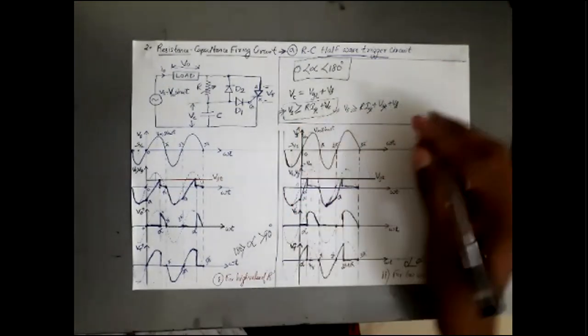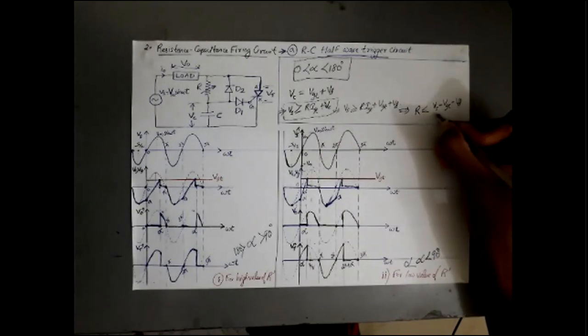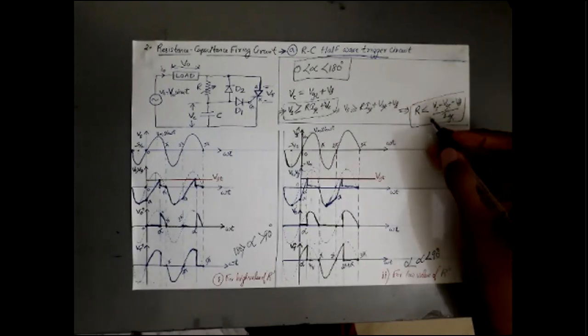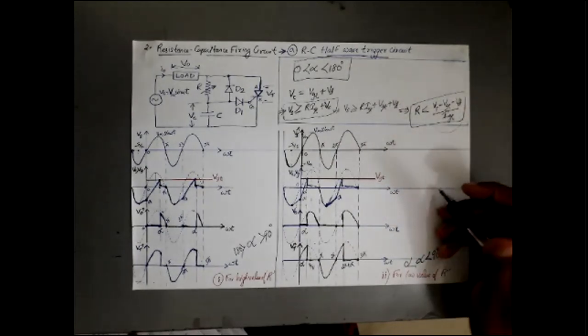From this equation, I can get a relation for resistance R. R should be less than or equal to Vs minus VGT minus VD divided by IGT. Hope it is clear for you. This is the equation for the resistor. That resistance value should be less than this value. Hope it is clear for you.